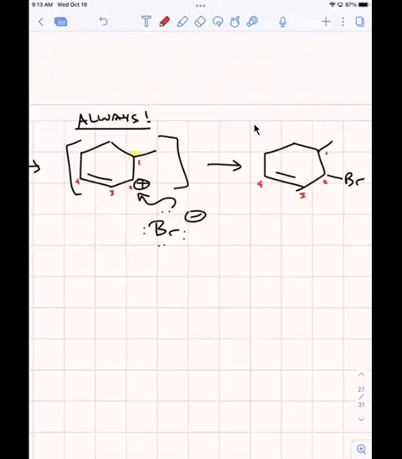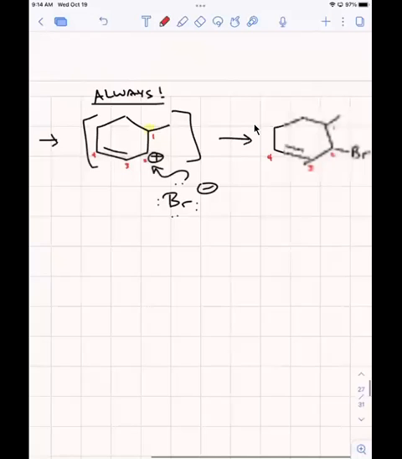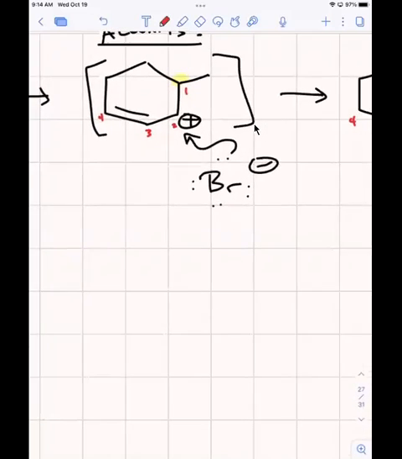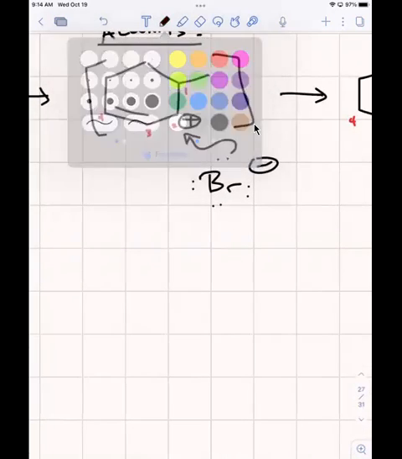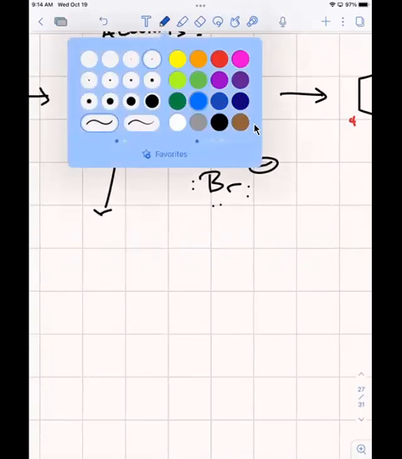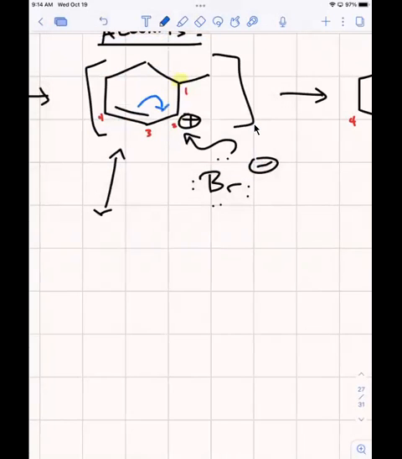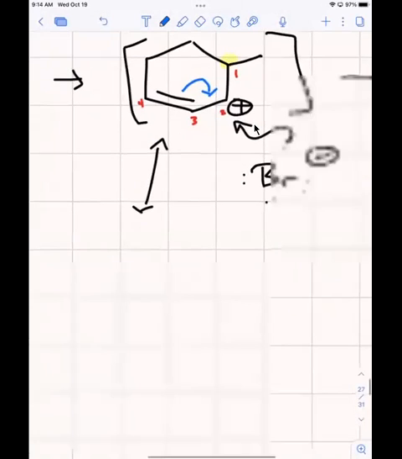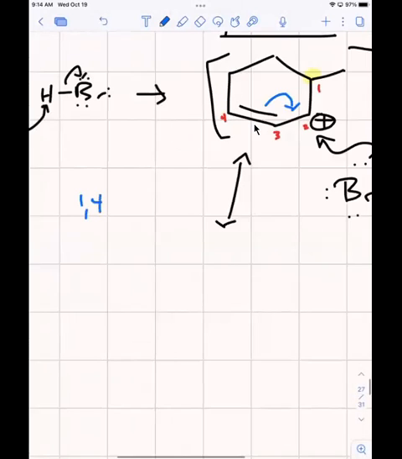All right. Questions about that? And then the 1,4 product, you can also think about like a resonance product. That's another way to think about it. It may simplify it if you think about it like a resonance product. So if I take this pi bond and shift it over, we can say that the 1,4 product is the resonance product.